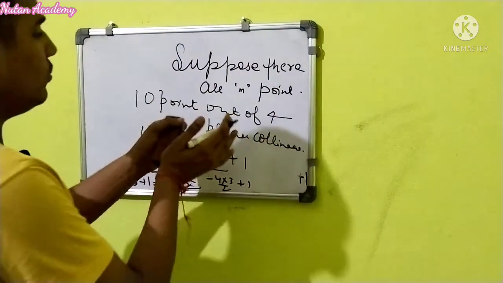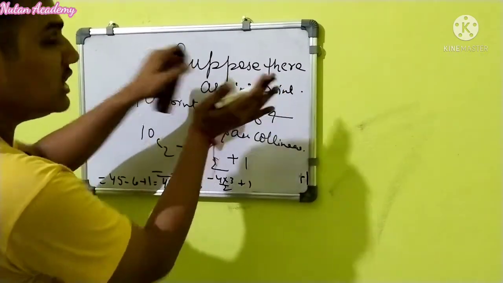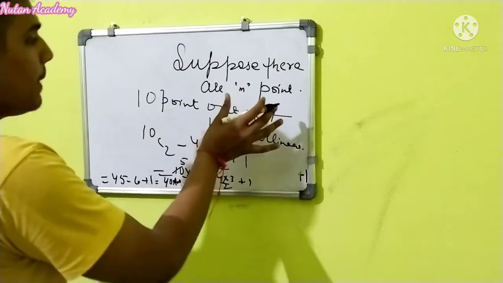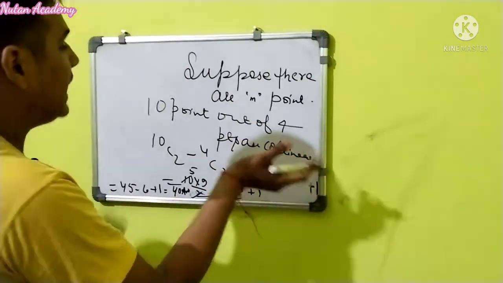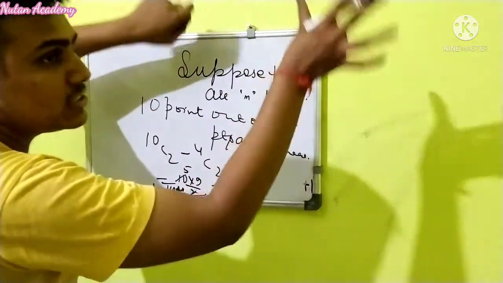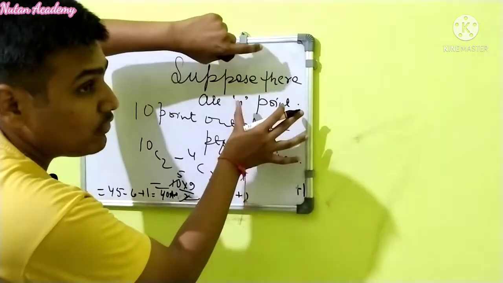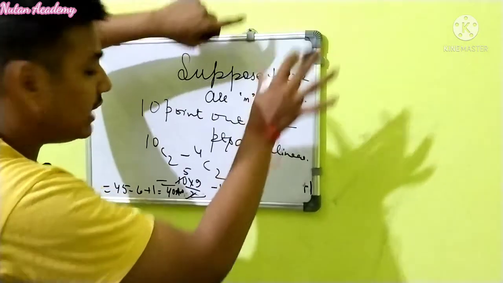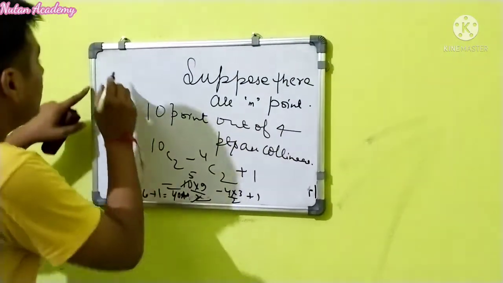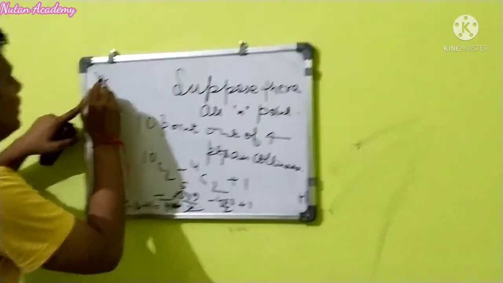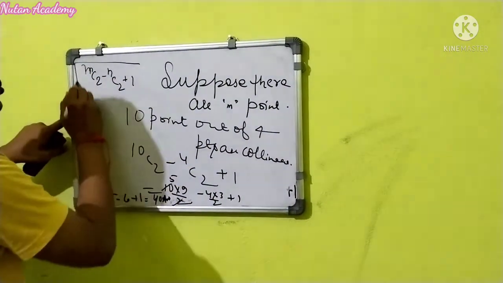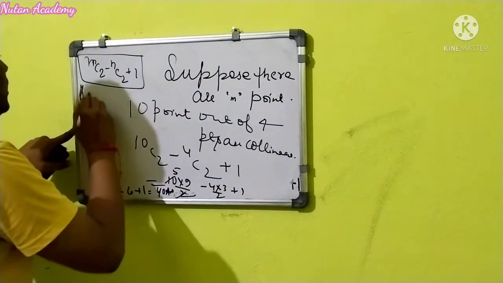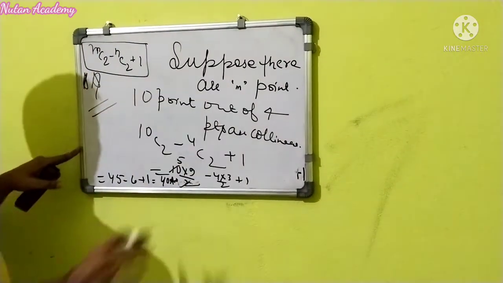So what will I learn from this topic? That if there are n points in which all points are non-collinear, then we will apply the formula nC2. But if we are given n points out of which m points are collinear, then we will apply the formula nC2 minus mC2 plus 1. This is the most important formula regarding this topic.